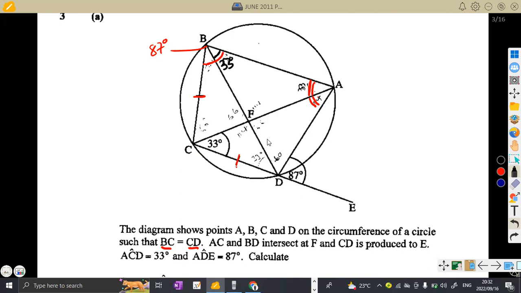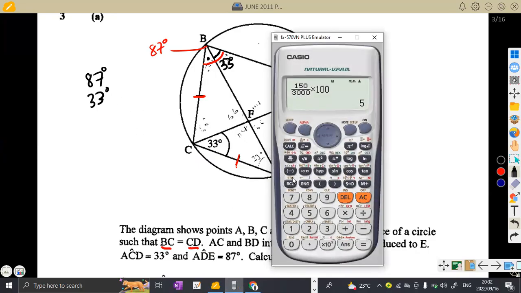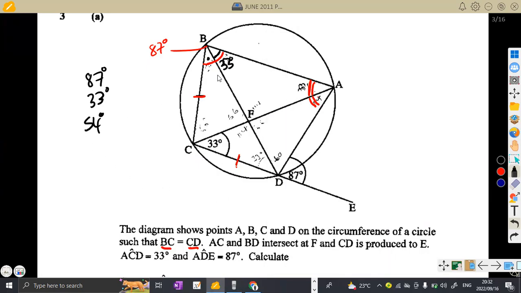But remember, before we said this is 87. So we can find the remaining angle at B by subtracting 33 degrees from 87. That's 87 minus 33, which gives us 54 degrees.